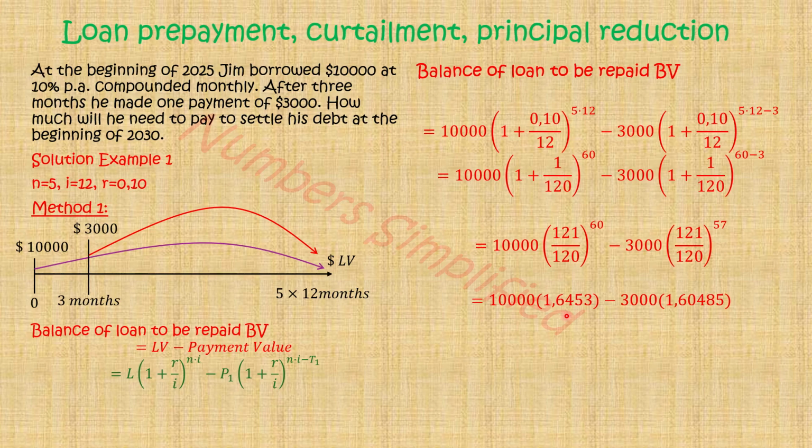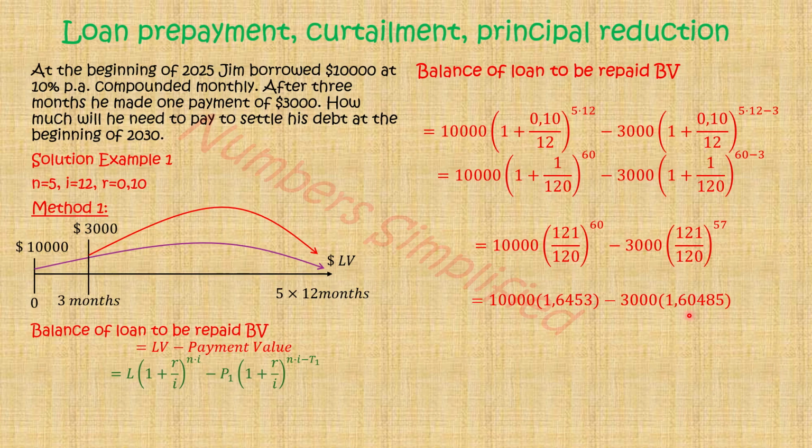So 4 to 5 decimal places would be ideal. So in the next bit, where we have to the power 57, we would end up having 1.60485.